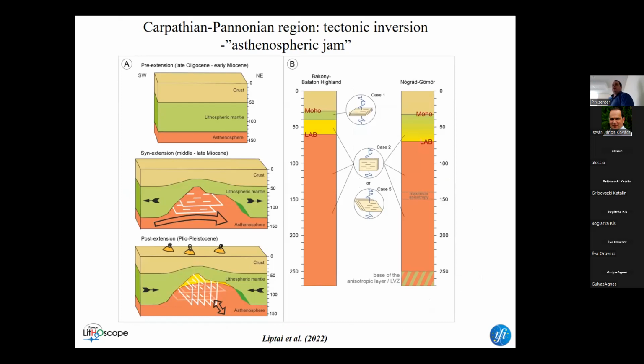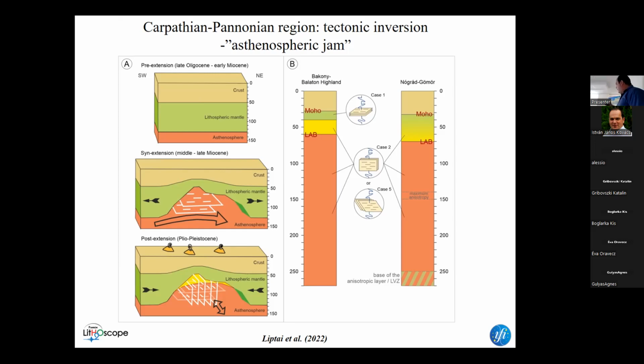So basically, the asthenosphere has to go somewhere from this collision zone. So the asthenosphere must do something and must take up the deformation between the thick colliding Adriatic plate and the stable European platform. And how can we resolve this space problem for the asthenosphere? The only way may be up, or just to escape across the orogenic rim.